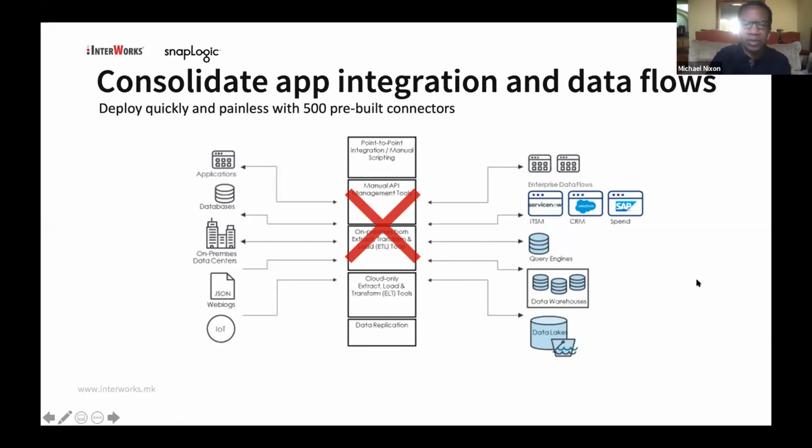So with the SnapLogic approach, you can eliminate having a separate solution for API management. You can eliminate having a separate point-to-point integration tool to orchestrate your integrations, and just bring it all together in a common platform. So regardless of what your data source is, you can move it to some target area. So you're provided that high amount of flexibility.